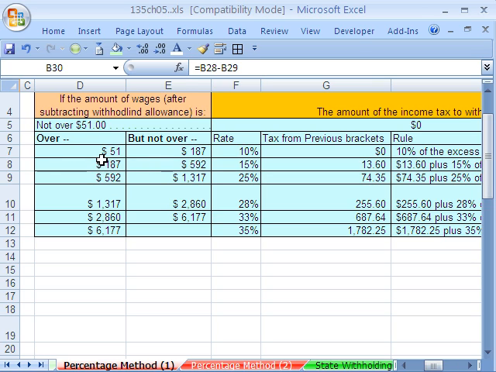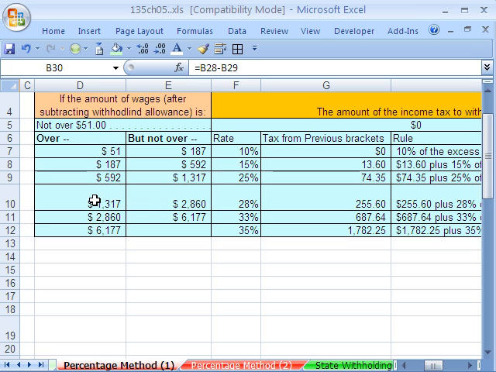But when we get to here, 187 to 592, they've already calculated the 13.90 that you would have paid from this bracket right here. When we get to this line right here, they've already calculated the 74.52 from both of these earlier smaller tax rates. Finally, for us, when we get down to here, they calculated this 255.60 from all of these earlier brackets at lower tax rates. The only trick is, what amount is taxed at 28%?